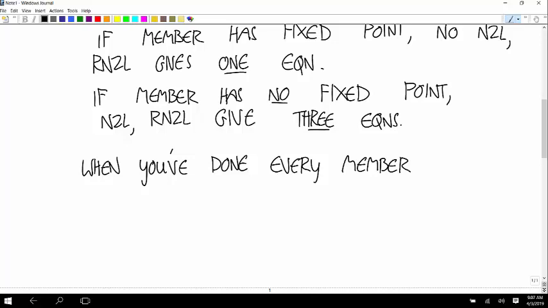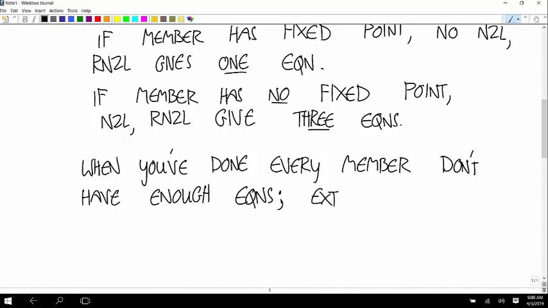No, you don't have enough equations. And so the extra equations come from joint constraints.